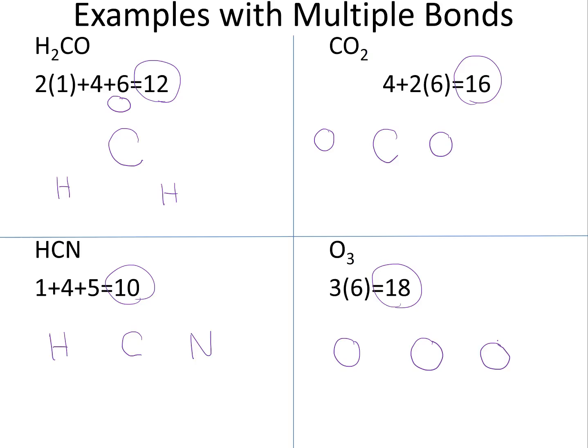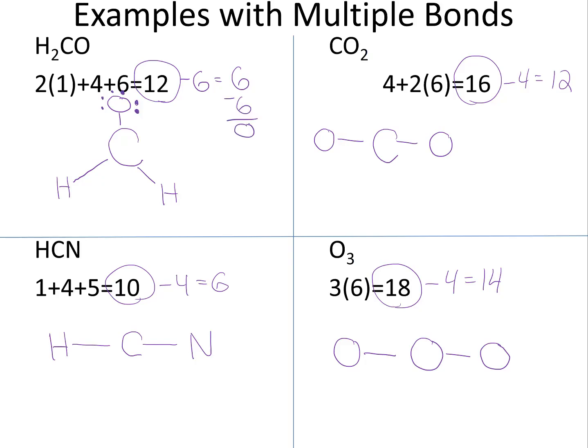You also must subtract what you use from the number of valence electrons. The next step is to give terminal atoms a complete valence. In the first example, the hydrogens already have a complete valence. The oxygen needs 6 additional electrons around it. Then I subtract what I use.